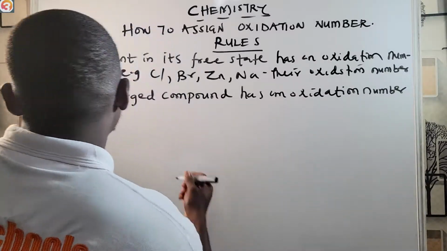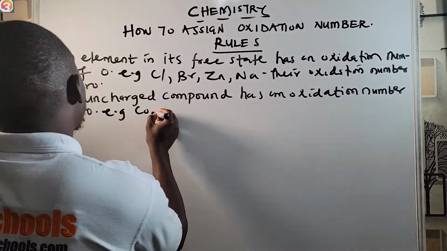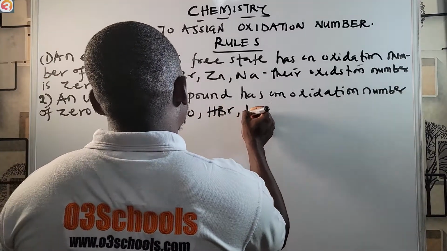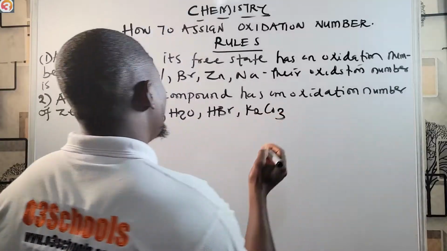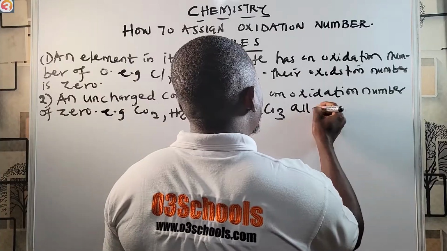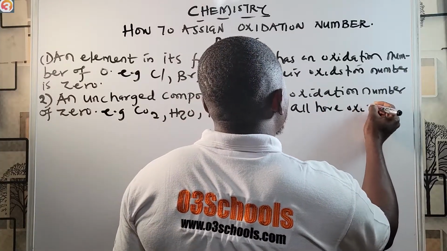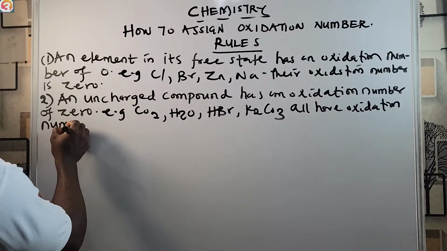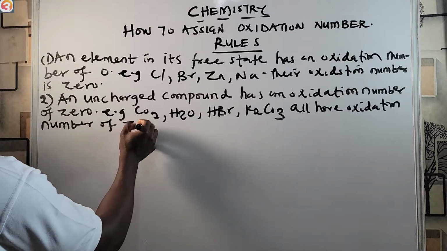Of course, let's see examples, e.g. CO2, H2O, HBr, K2CO3, all have oxidation number of 0.